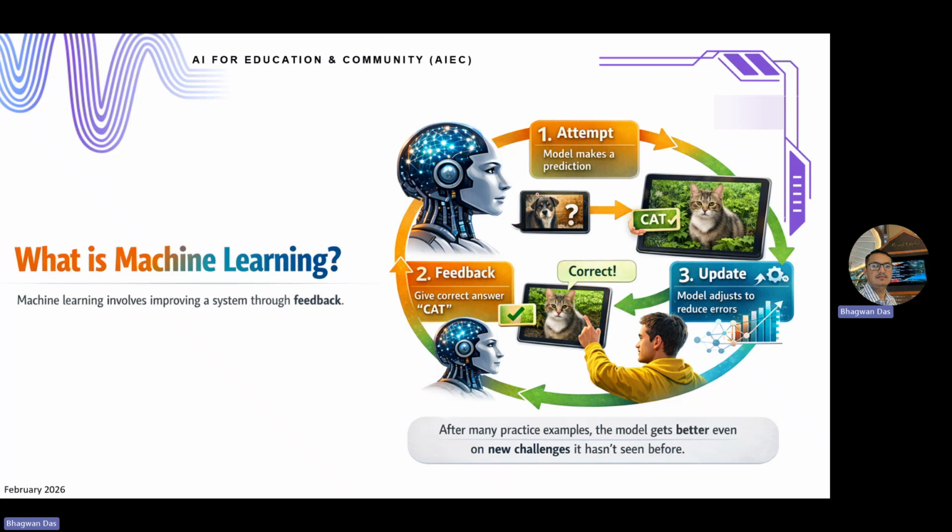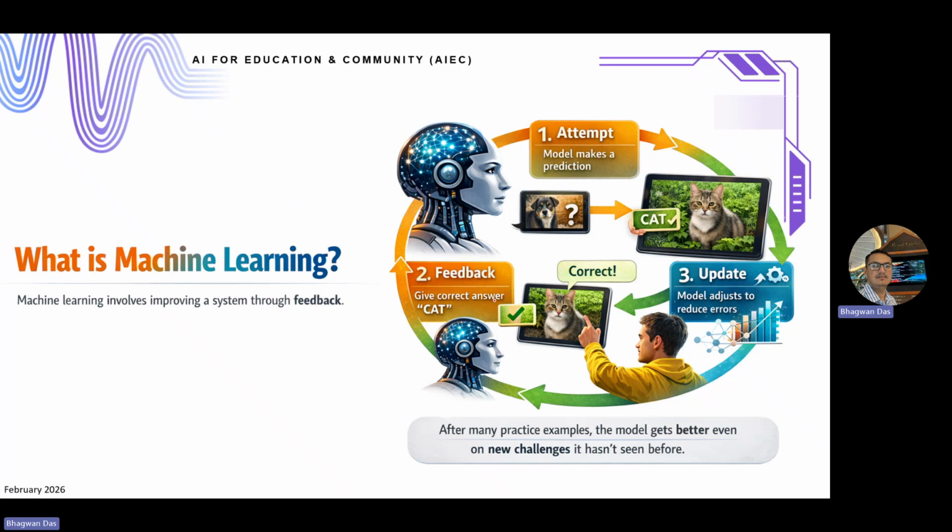Now, let's say you have to predict this. Right now, you get feedback that the correct answer was the cat. Now you see, first you attempt a task, second you get the feedback, and third you update the model to reduce the error between the dog and the cat.